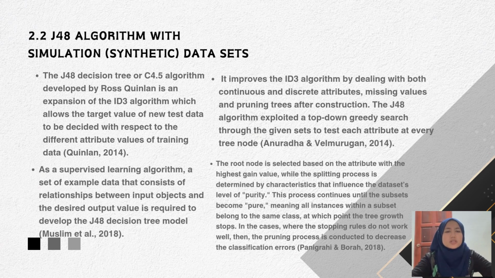The root node is selected based on the attribute with the highest gain value, while the splitting process is determined by characteristics that influence the dataset's level of priority. This process continues until the subset becomes pure, meaning all instances within a subset belong to the same class, at which point the tree growth stops. In the case where the stop rule does not work well, a pruning process is conducted to decrease the classification error.